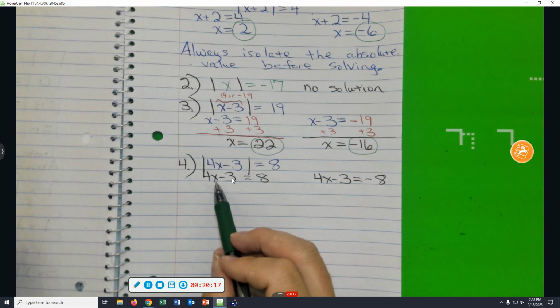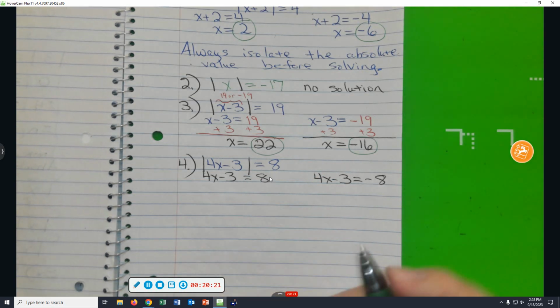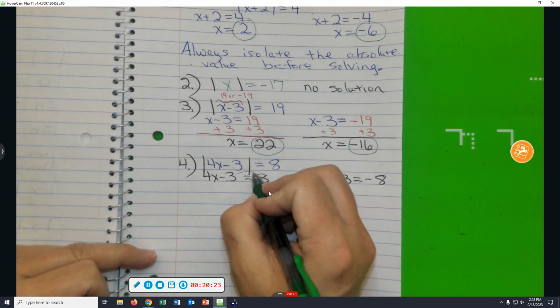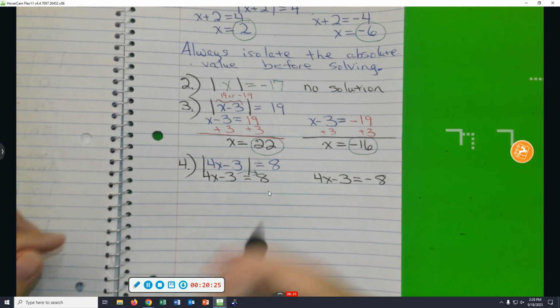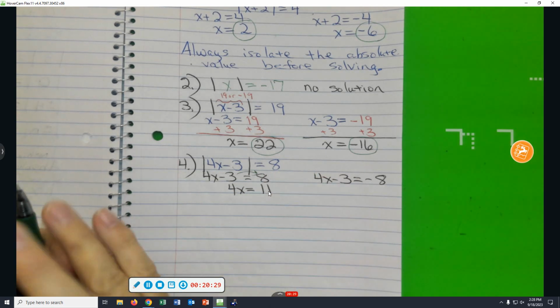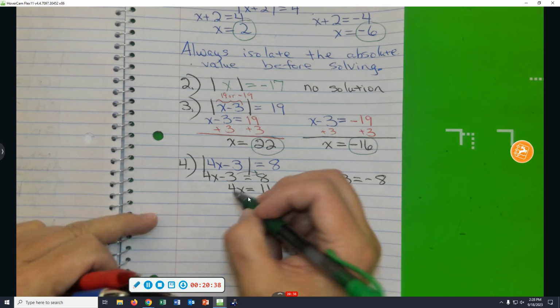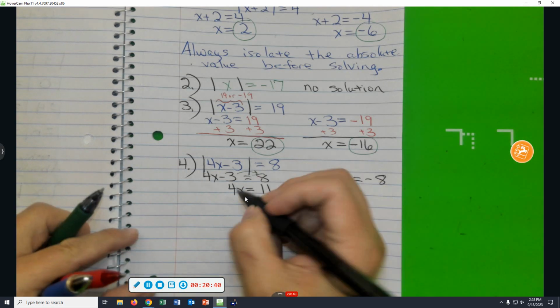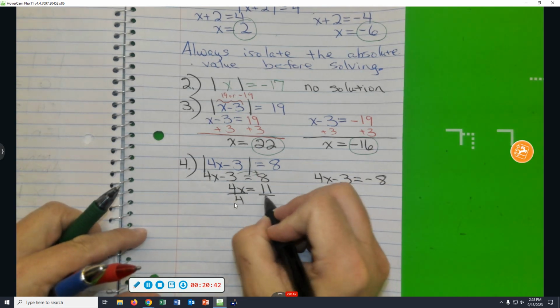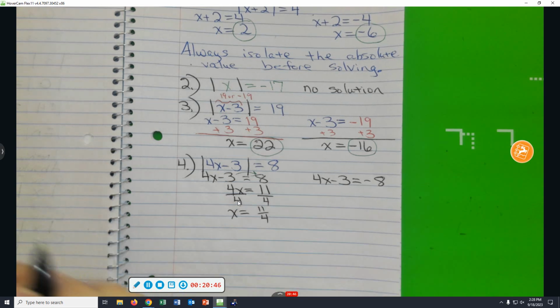What are we going to do first to solve this? I'll let y'all tell me. Add 3. I agree. So we're going to have 4x equals 8 plus 3, which is 11. And then only one thing left to do, just divide by 4 to give us x equals 11 fourths.